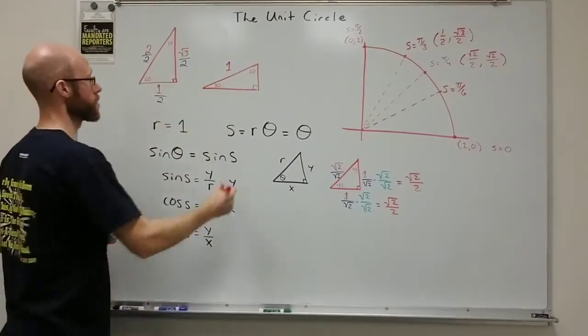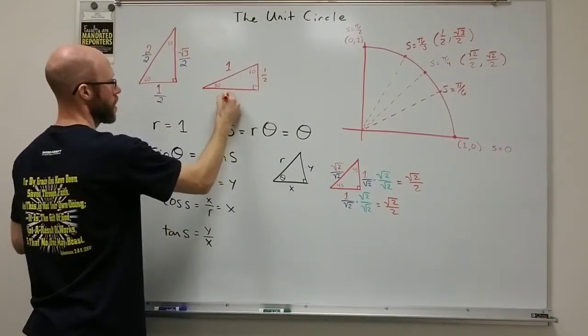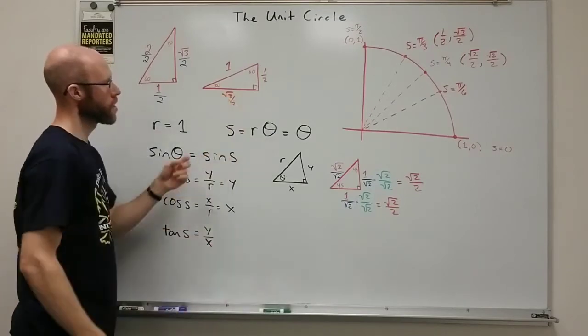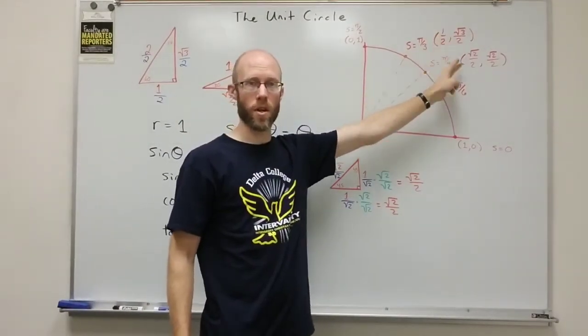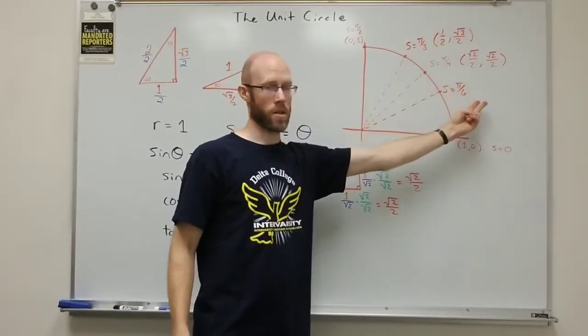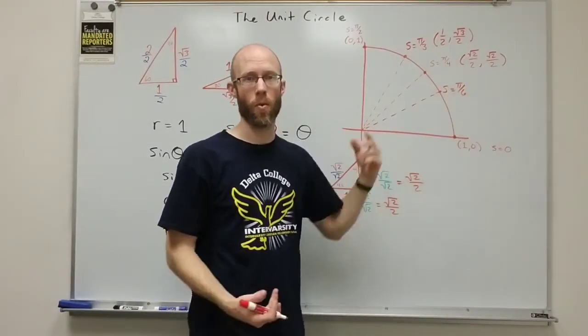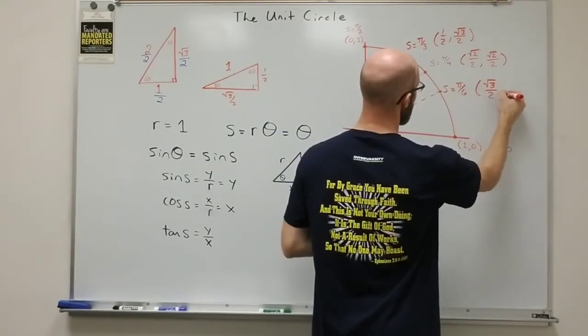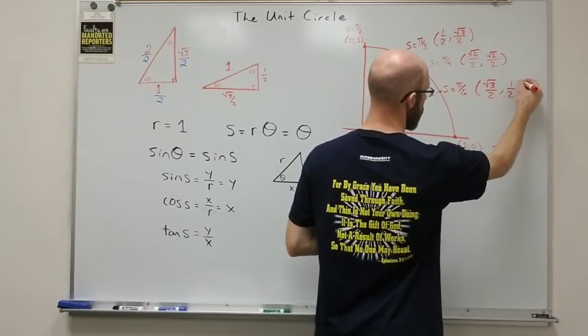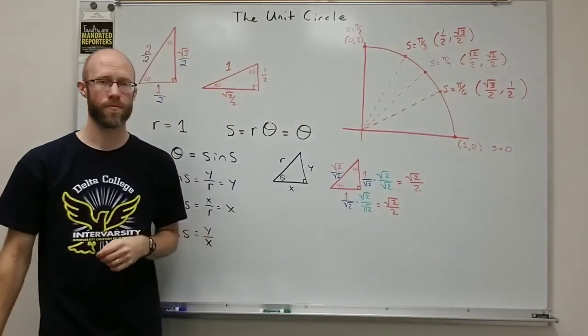That's all that really happens. So we'd have 1/2 and root 3 over 2. And so all I do is I take the two coordinates here from the 60 degree angle or from the pi over 3 and interchange them. So the x becomes the y and the y becomes the x. So I have root 3 over 2 and 1 over 2 for the y. Okay?